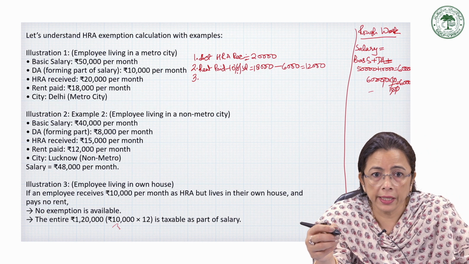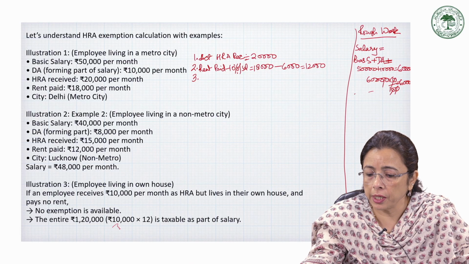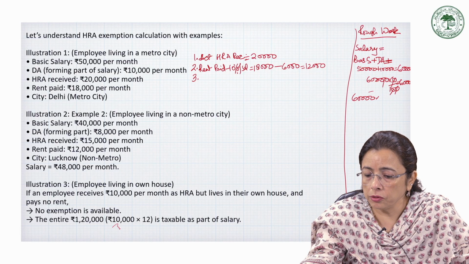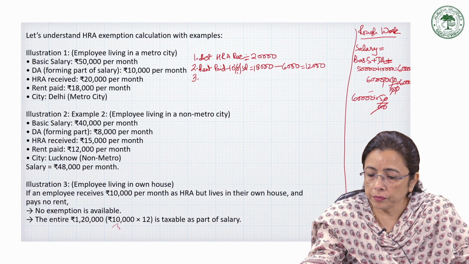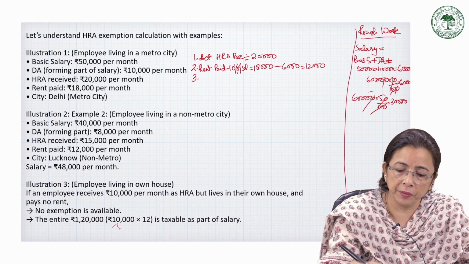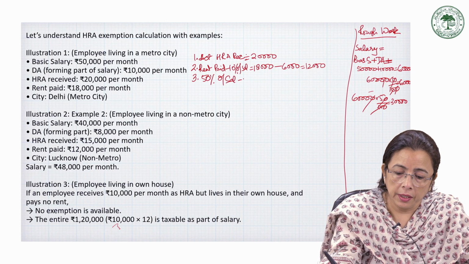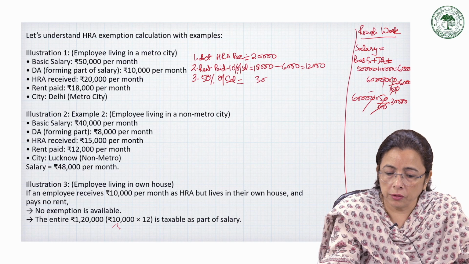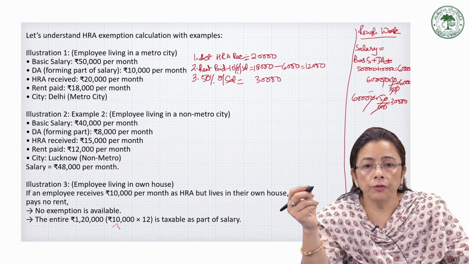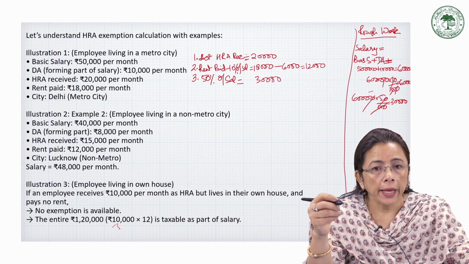Third point, that is 40 or 50%. Here he is living in Delhi, a metropolitan city, and therefore it will be 50% of salary. So 60,000 into 50% is 30,000. Now, the rule says that the least of the above will be the exemption amount.